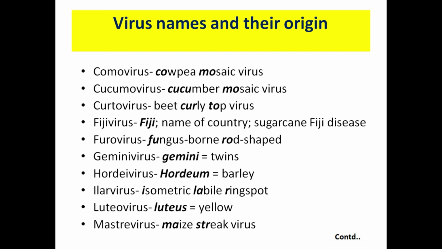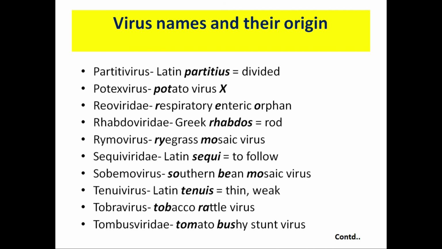Since it infects barley, the name Hordeivirus. Ilarvirus, isometric labile ringspot. Luteovirus. Luteus means yellow, so they cause yellowing type of symptom. Machlomovirus, maize streak virus. Partitivirus. Partitus means divided, so they have divided genomes.